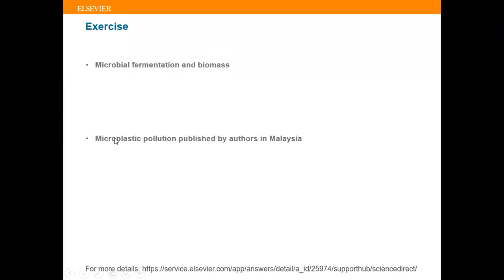Then another exercise is to search for journal articles, or papers, on microplastic pollution, written by researchers, authors, scientists in Malaysia. Okay, so the keyword is only one, microplastic pollution, but it involves a country.